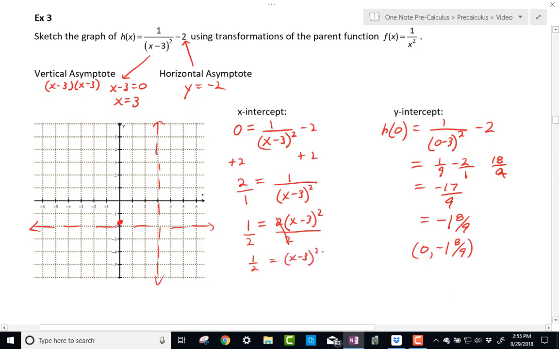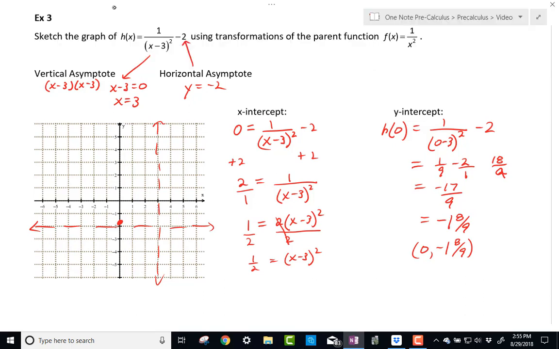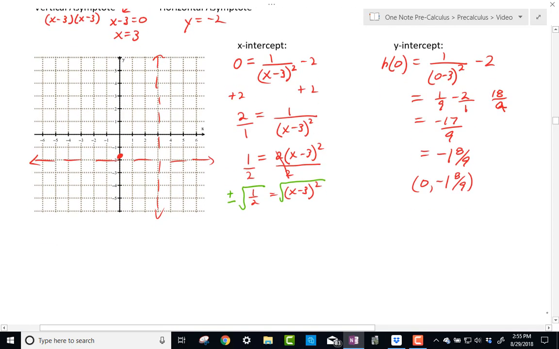Why do I not want to multiply out the (x minus 3) squared? Because I can square root both sides of that. So if I square root this and I square root this, and as long as I remember my plus and my minus here, let's see what we get. Alright, so the square root of 1/2, okay, this is going to get ugly here for a minute. The square root of the right side is just x minus 3.